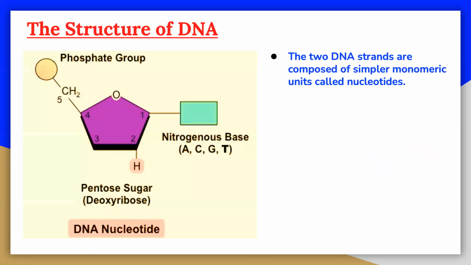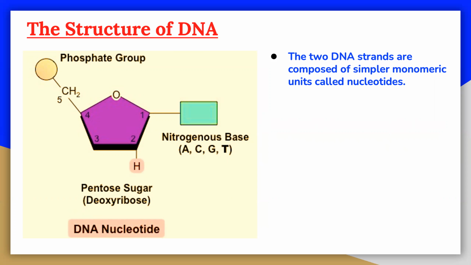DNA is composed of nucleotide chains that coil around each other to form a double helix. The two DNA strands are known as polynucleotides as they are composed of simpler monomeric units called nucleotides, just like any other nucleic acids.